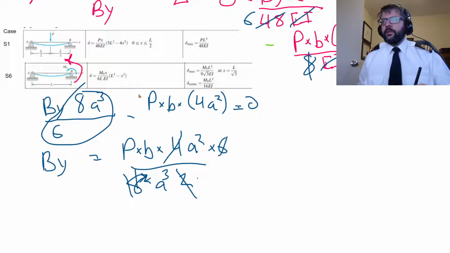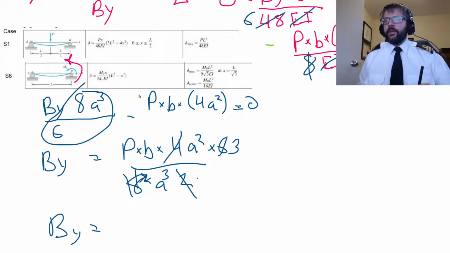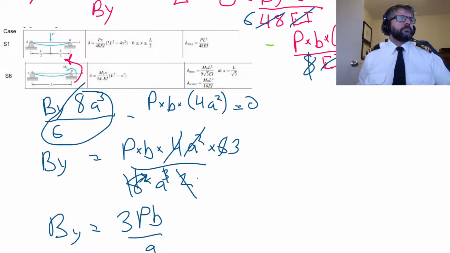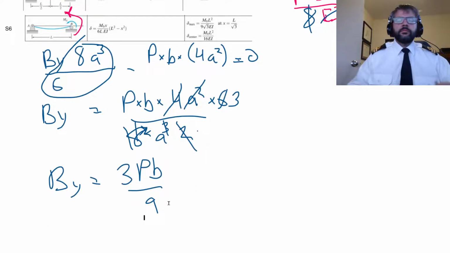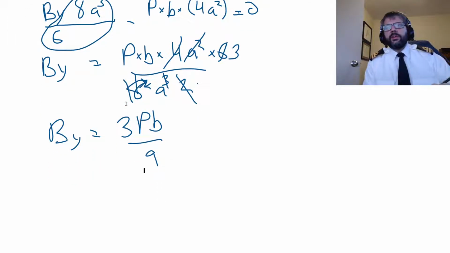Cancel out the 2 to turn that into a 3. By is going to be equal to 3. Cancel out the a squared here. That's going to be 3PB over a. So yeah, 3PB over a.